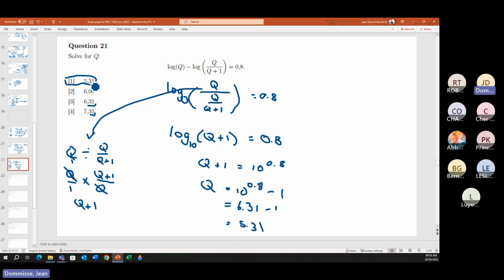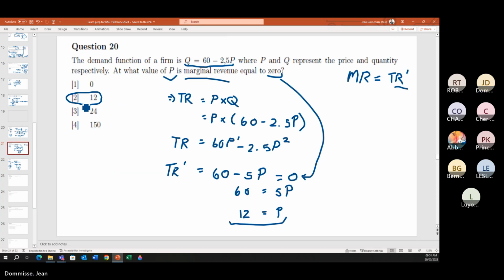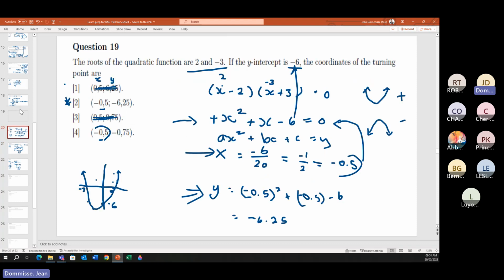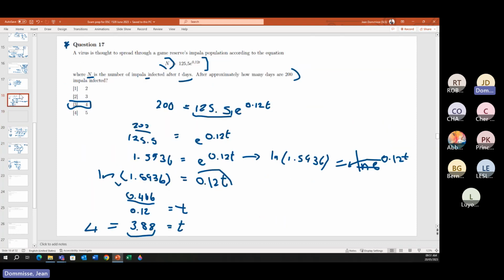Put that 5.3 into the equation and see if it works out. It must work out.